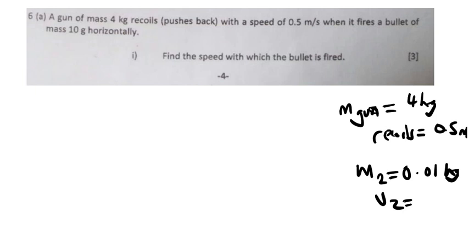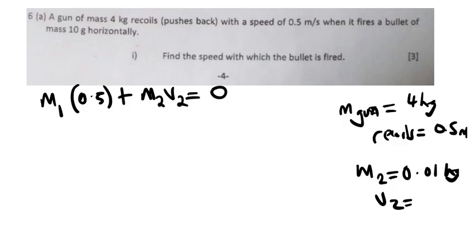Mass 1 multiplied by velocity, you know that momentum is a mass in motion, mv, where motion is velocity. So mass 1 at the velocity of 0.5, we're going to add the momentum of the second one. We have mass 2 multiplied by v2. This expression goes to 0 initially.